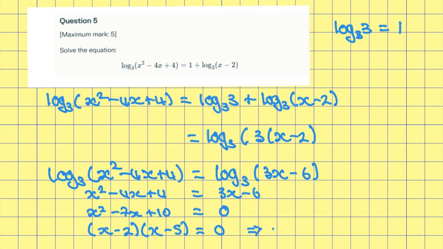Therefore, x is equal to 5, or x is equal to 2, but we have to reject x equals 2 because x − 2 must be greater than 0 from the expression log₃(x − 2). So our final answer is x equals 5.